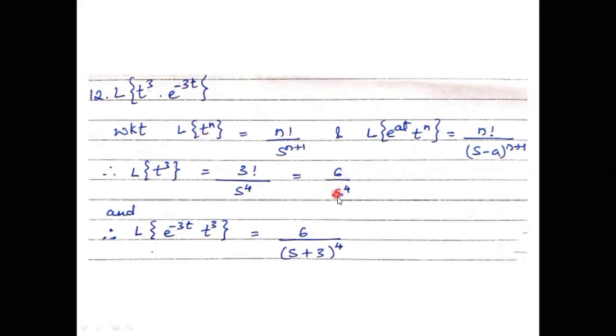So here you are replacing s by s minus a, and that a is minus 3, so it becomes minus into minus, plus 3. This is how you will get s plus 3 whole power 4. So it is 6 by s plus 3 whole power 4.